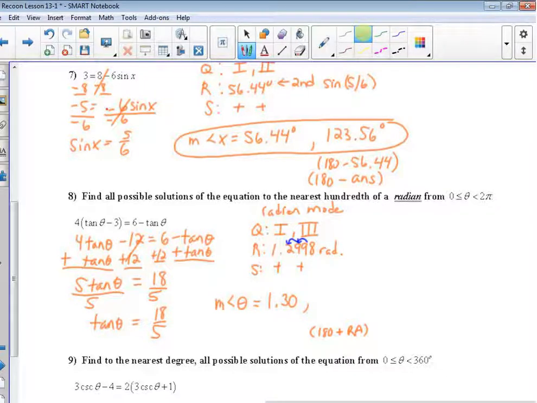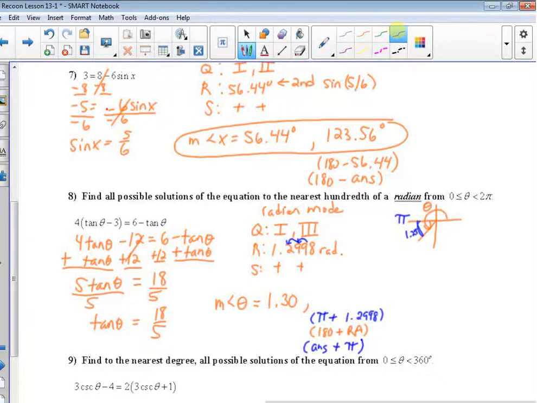Okay, so again, a little picture here, this is what we're looking for, theta. We know this piece is 1.29. So we're in radians, so that's pi. So I'm going to do pi plus that reference angle, which is the 1.2998. So I'm going to, in my calculator, do answer plus pi.